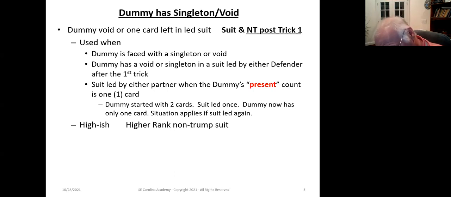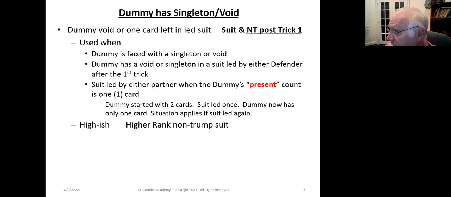Now, it's really important that when you see that the dummy has a limited number of cards, let's say it starts out with 2, that you pay attention to the cards that are played, because that will help you determine what the signal is. You led the ace, now you're leading the king. You need to pay attention to the cards that have been played so you can tell whether the card your partner plays is highish or lowish.